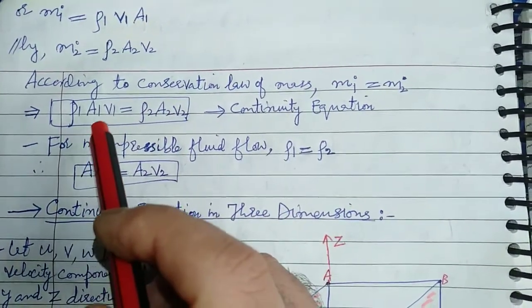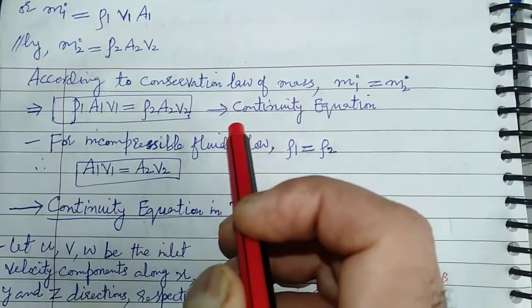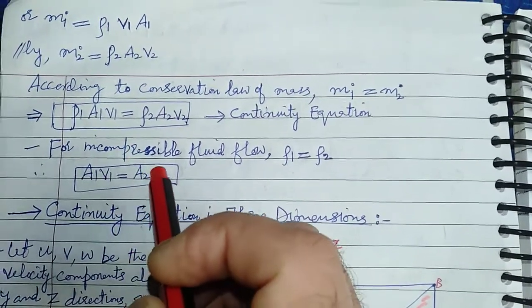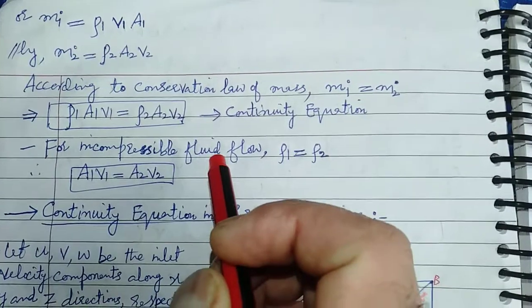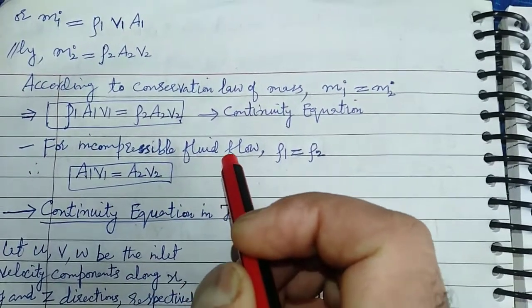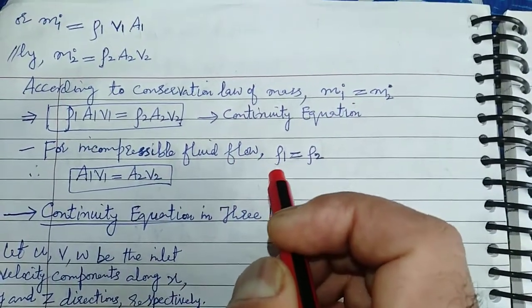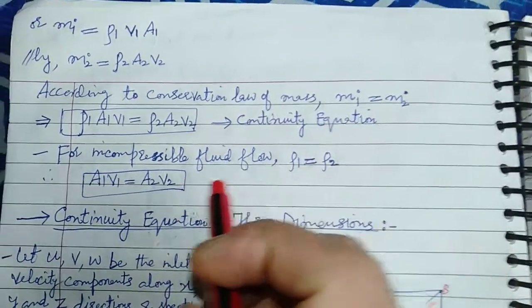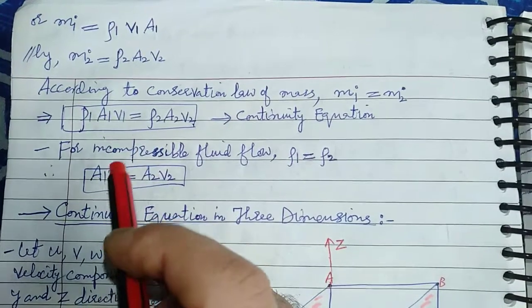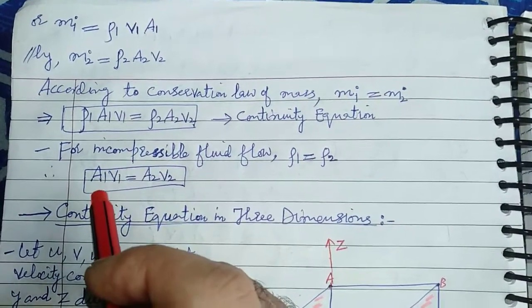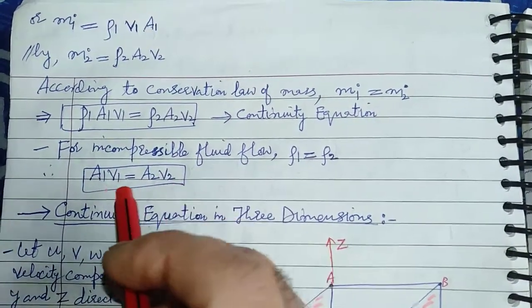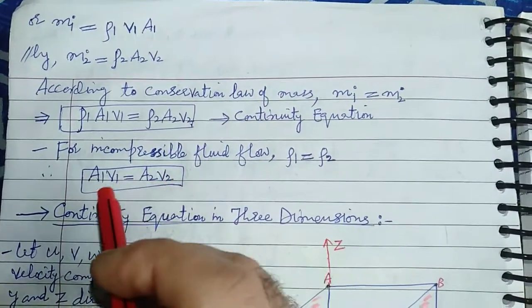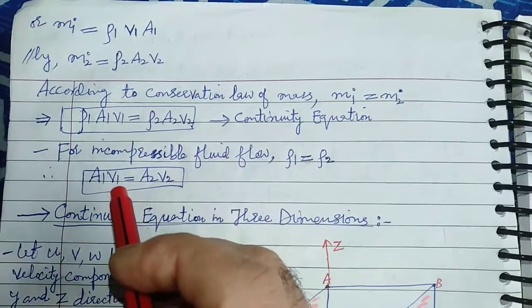But if we consider that the fluid is incompressible, meaning density remains constant, then rho 1 is equal to rho 2, so the density term can be cancelled, and we get A1 V1 is equal to A2 V2. This is another continuity equation. You just have to remember these two equations.